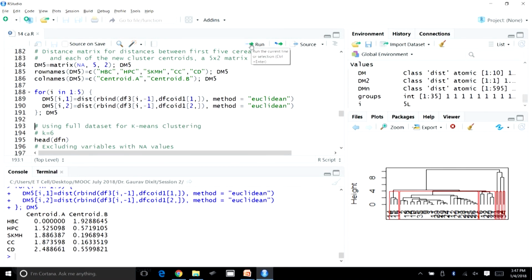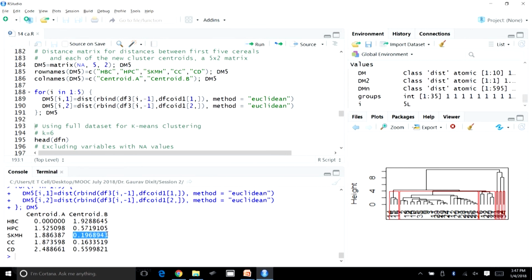We can see from here that HBC, the first observation, its distance from centroid A is 0, because this observation itself has become the centroid for cluster A, being just the one observation in that cluster. Now we can see HPC clearly its distance from its own cluster, that is B, is smaller.